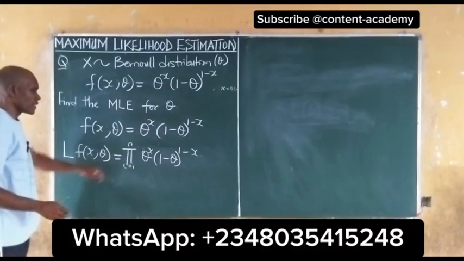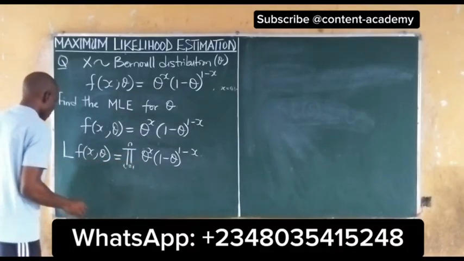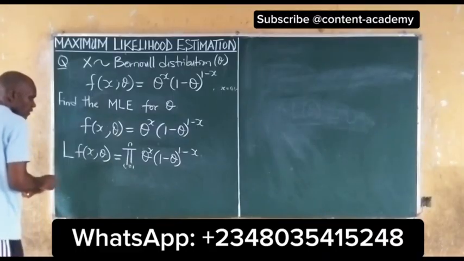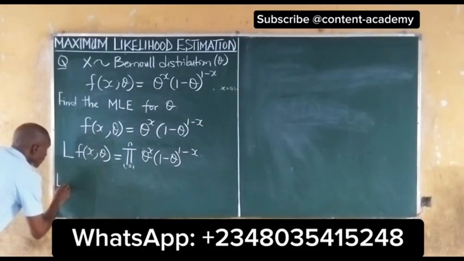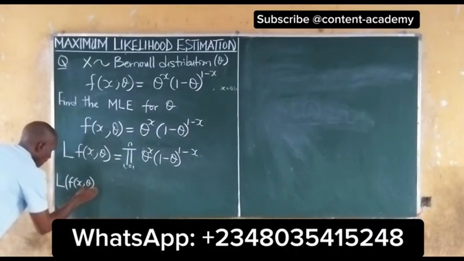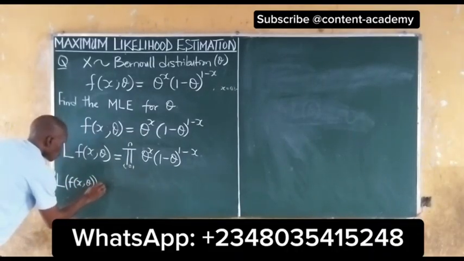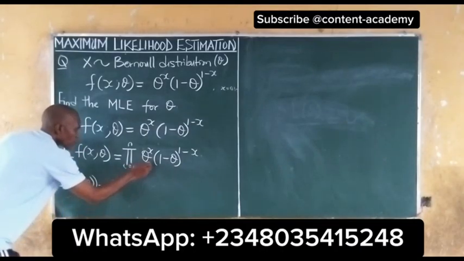Now, how do we expand this? How do we work with this? It has been explained already. We say our likelihood function will be equal to the product of this.